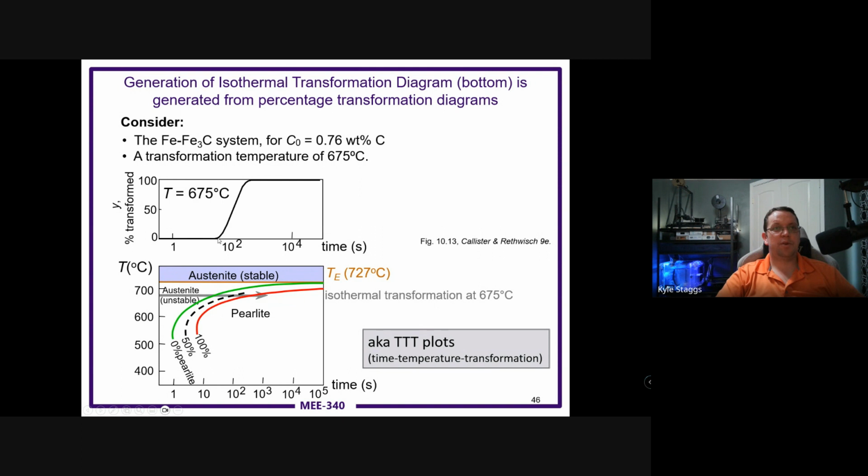So that temperature happens here, somewhere just before 10 to the 2. And as this progresses, we fairly quickly transform the rest of that austenitic phase into perlite. So whatever is remaining. So this is what's referred to as time temperature transformation plots, or TTT plots.